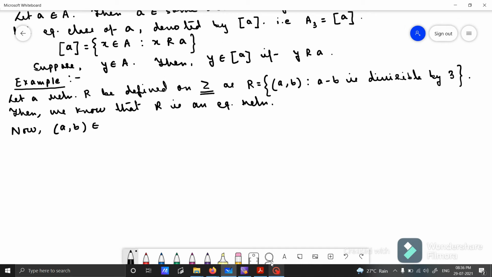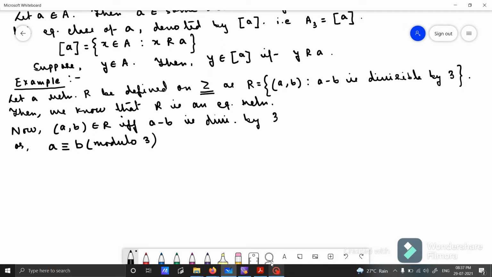(a, b) will belong to R if and only if a minus b is divisible by 3, or we write it like this: a is equivalent to b modulo 3.